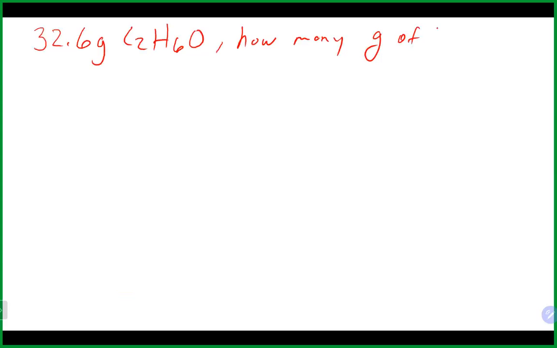So why don't we use something I think we use as an example as well. Let's just say we had 32.6 grams of C2H6O, and we wanted to know how many grams of hydrogen does it contain?